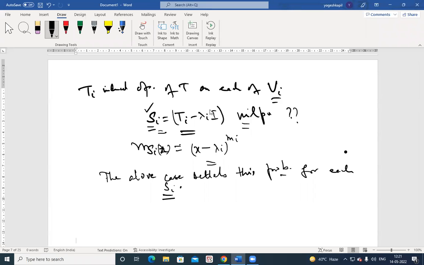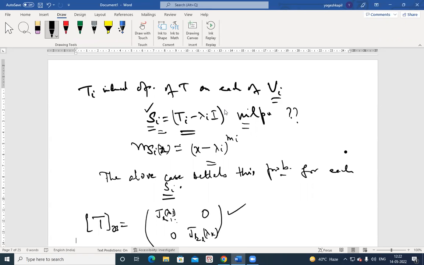All right. If the matrix of Si contains zeros on the diagonal, then the matrix of Ti would contain lambda i's on the diagonal and the rest are ones. So what can I say? The matrix of T with respect to this basis would be a Jordan block with respect to lambda 1 of some order, and it can be repeated also, and so on up to lambda k, and the rest are zeros.